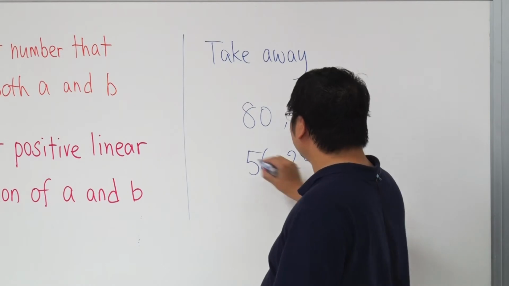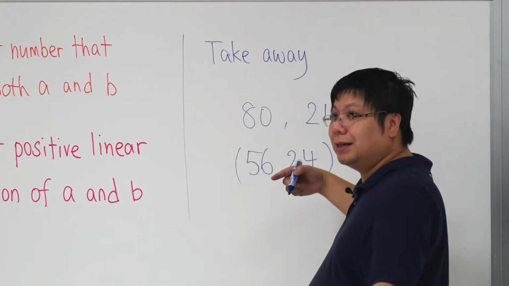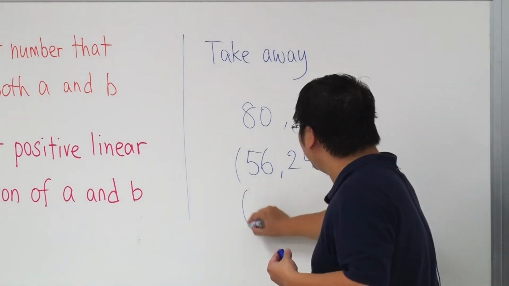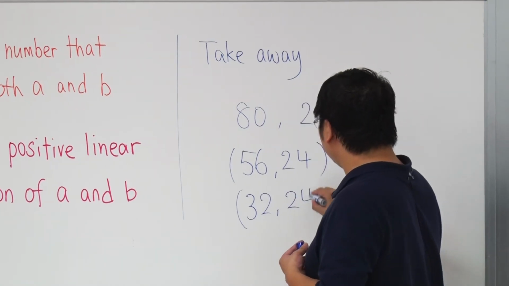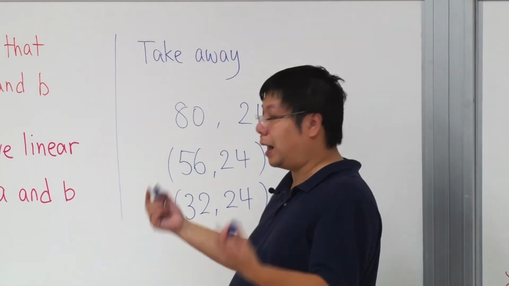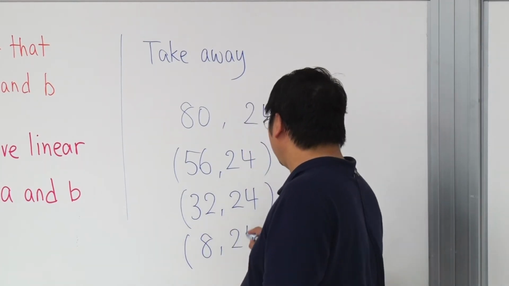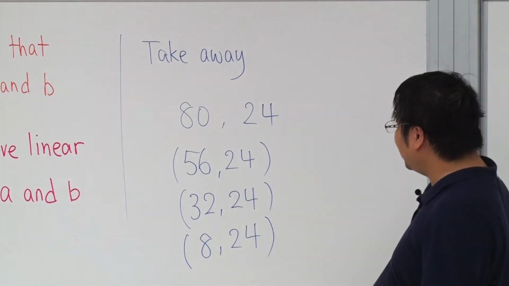So this is one possible scenario. Or we can take 24 two times. So in that case, this could be 32 and 24. This is the case where we are taking this two times. Or we can take it three times, and then leave it for the other player to play.